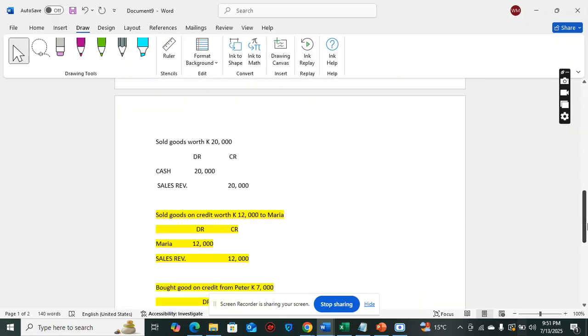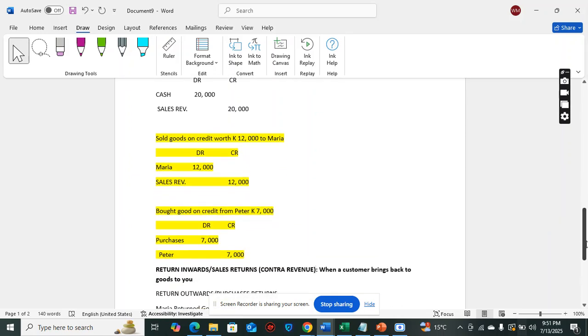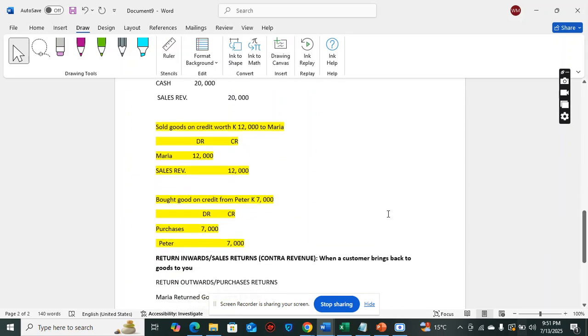So if we look at this example here, we sold goods on credit worth 12,000 to Maria. Initially, we debited Maria. She's a debtor. She's owing us 12,000 kwacha. Debtors are assets, and an increase in an asset, you debit.